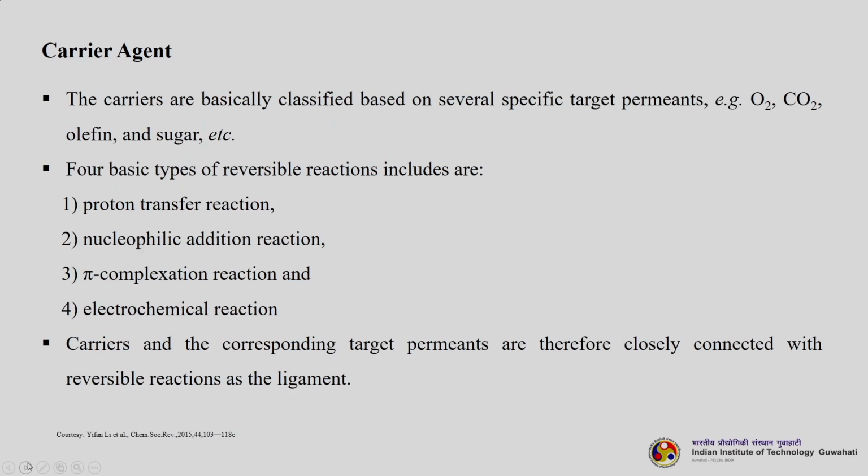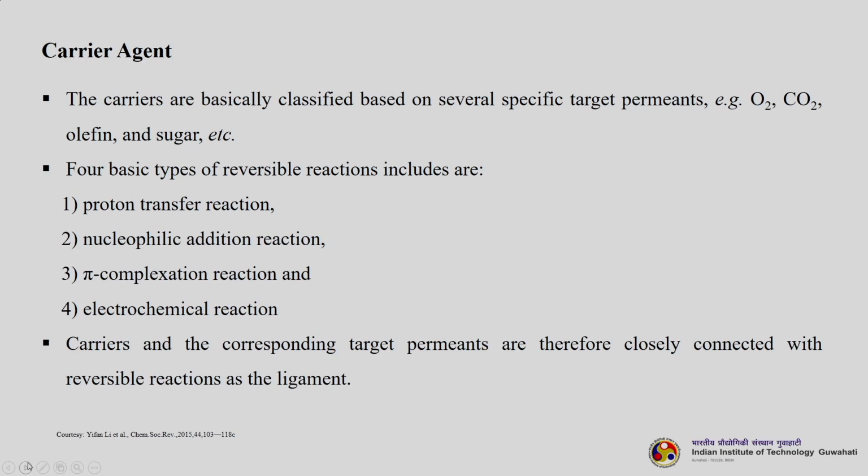The carriers are basically classified based on specific target permeates, for example, whether it carries oxygen, carbon dioxide, olefin, sugar, etc. Four basic types of reversible reactions happen: proton transport reaction, nucleophilic addition reaction, pi complexation reaction and electrochemical reaction.